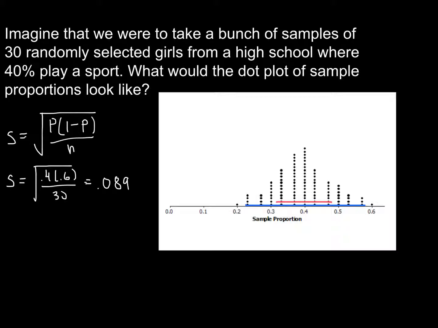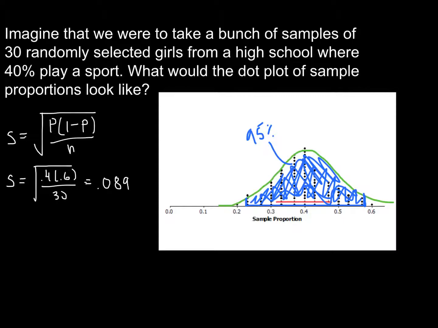So if I were to approximate this with a normal curve, and I did an okay job there, it could have been better obviously, most of the area under the curve is going to be within two standard deviations. In fact, with a normal curve, the amount of data that's within two standard deviations is 95%.